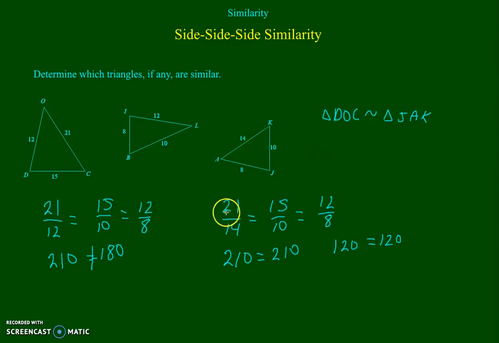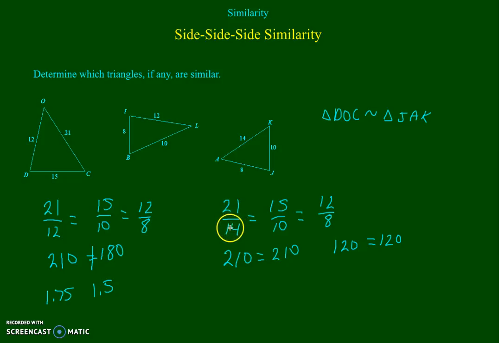Now let's compare doing it with just comparing the ratios. 21 divided by 12 is 1.75. If we look at 15 divided by 10, we get 1.5. And we can see again, just like we showed here, these two sides are not in proportion, so these triangles can't be proportional.